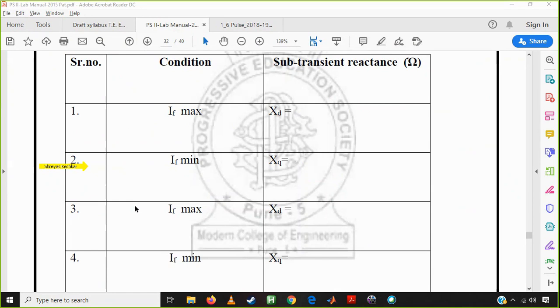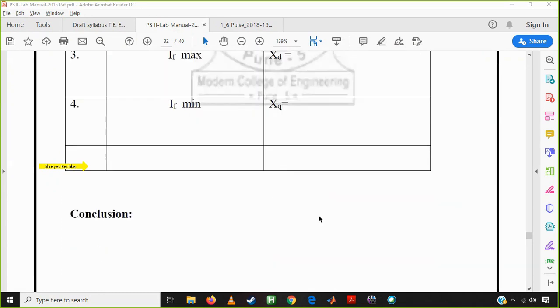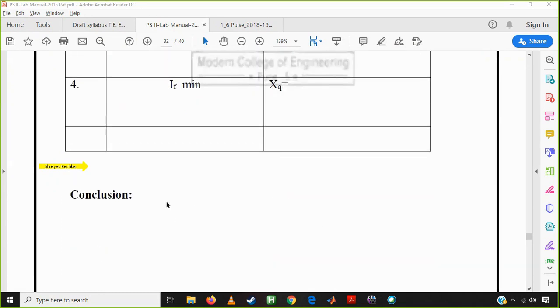Make sure that your loading is 50% of rated current. We find out Xd and Xq. So again, by using this, we can easily calculate the sub-transient reactance of the alternator.